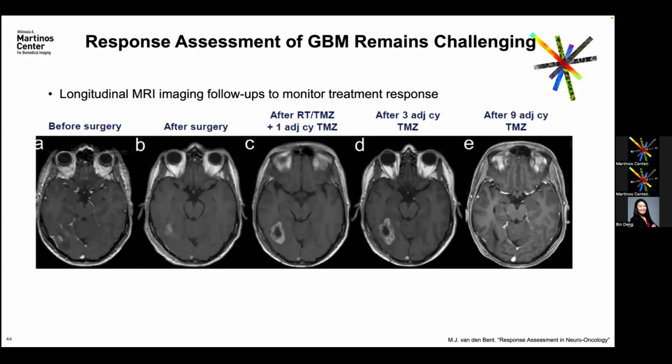And this is a typical example of a longitudinal clinical MR scan of a patient. This is before the surgery and after surgery. And you can see there is increased contrast enhancement at the first and third post-radiation MR surveillance scans. However, at the ninth cycle, it resolved by itself.